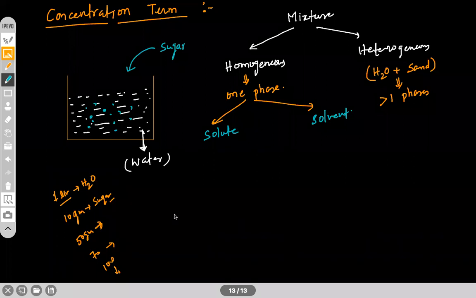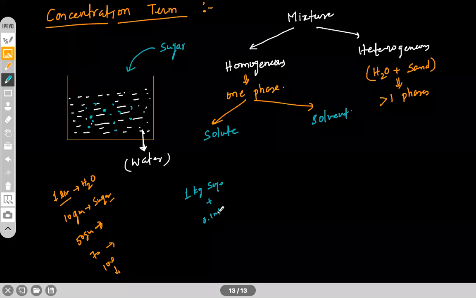Like suppose you have 1 kg of sugar, right? 1 kg sugar you take and you add 0.1 ml of water into it, or 1 drop of water, 10 drops of water into it. Okay, in that case, this sugar will be the solvent and water will be the solute.